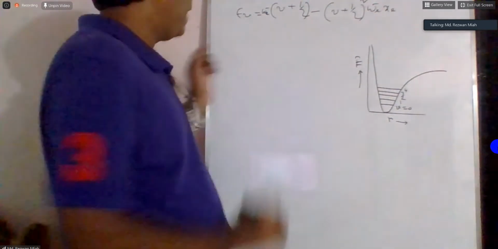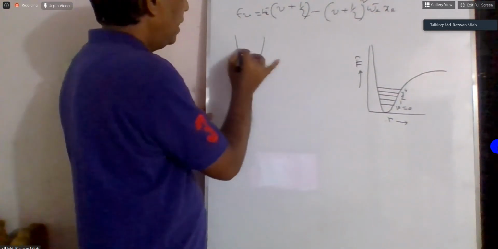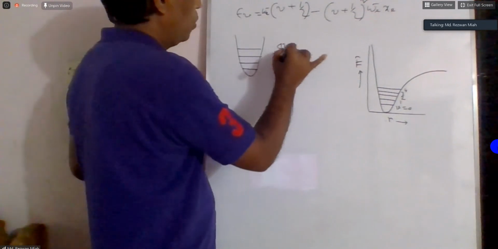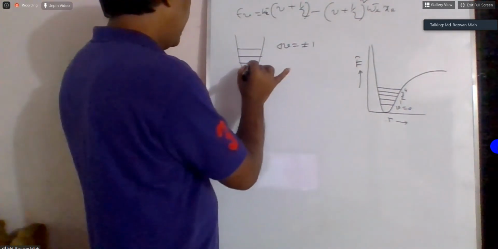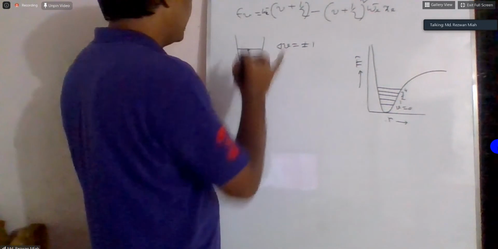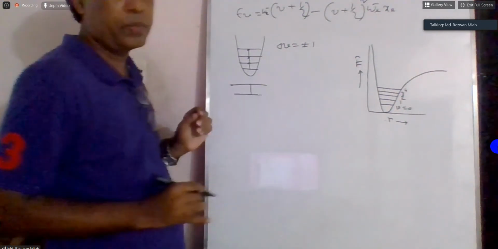So in case of the harmonic case, you can recall the selection rule was plus minus 1. So transition between any two adjacent levels was permitted and only one spectrum was obtained.